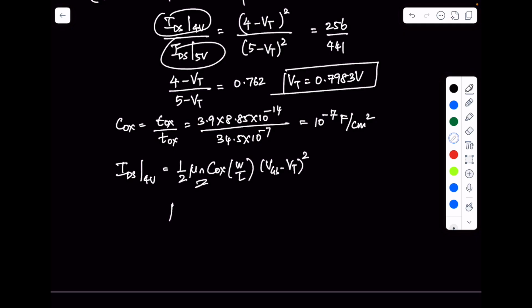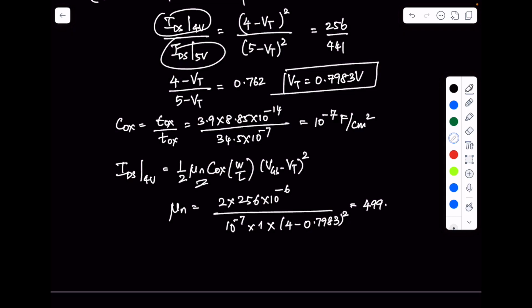So therefore my mu n is 2 into 256 into 10 power minus 6 divided by 10 power minus 7 into 1 into 4 minus 0.7983 the whole squared, which works out to 499.46 centimeters squared per volt second, or roughly 500 centimeters squared per volt second.